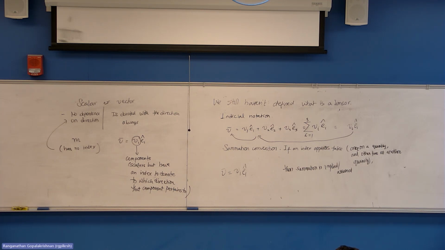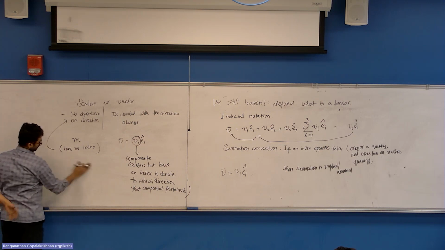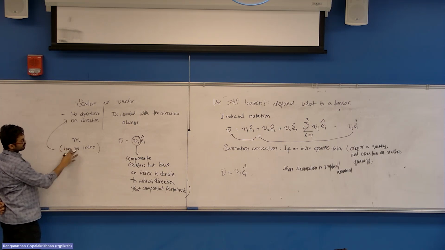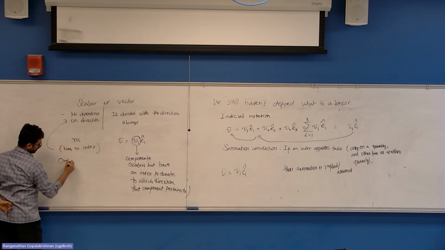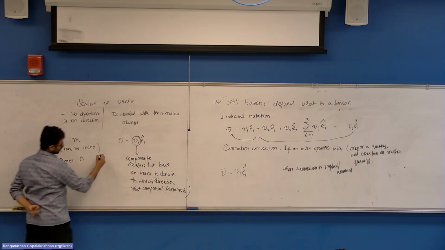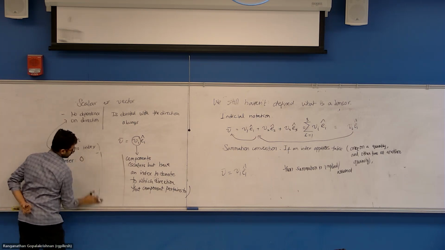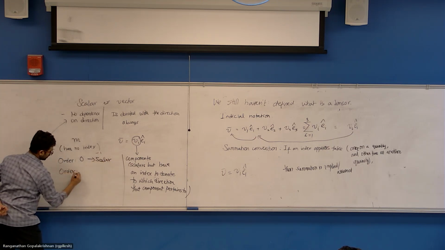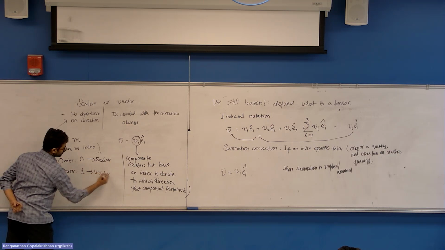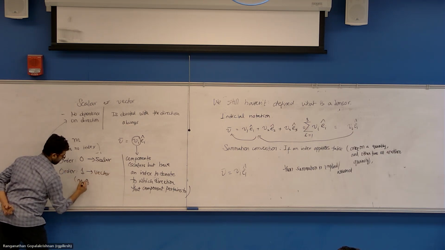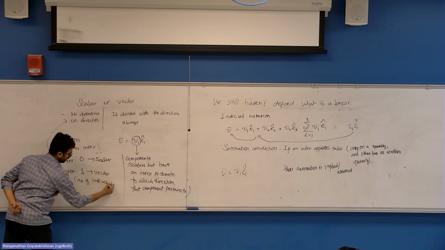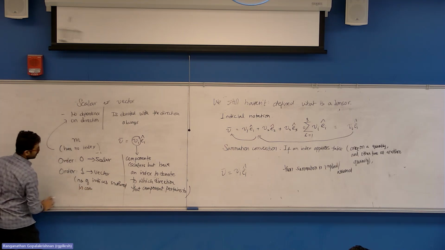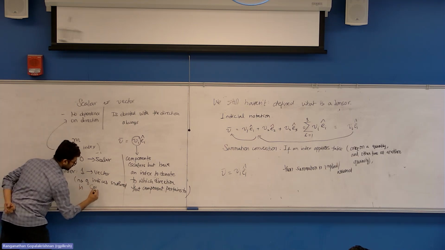So like saying this number of indices involved here, which we'll call order, is 0 for a scalar, whereas for a vector, order is 1. 1 is essentially the number of indices involved in completely specifying.